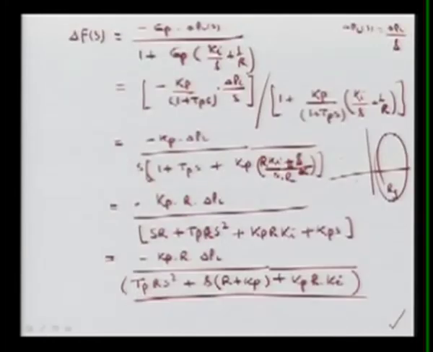I can write TpR S square plus S times R plus Kp plus Kp into R into Ki is equal to 0, and then we can solve it, this being the square term.